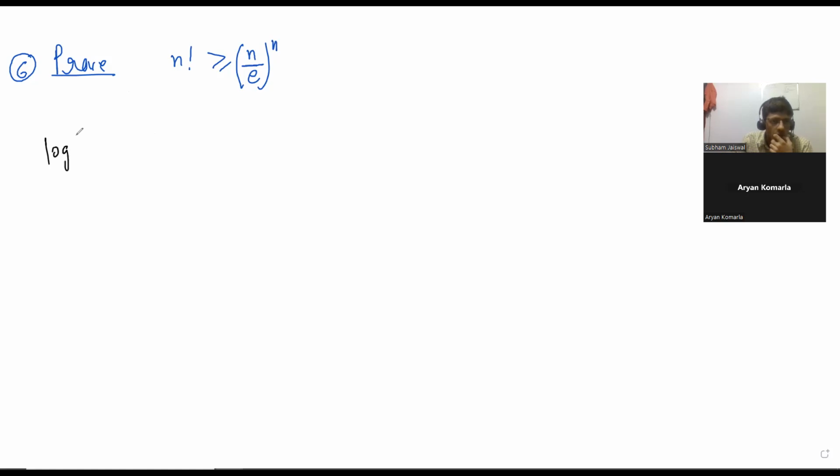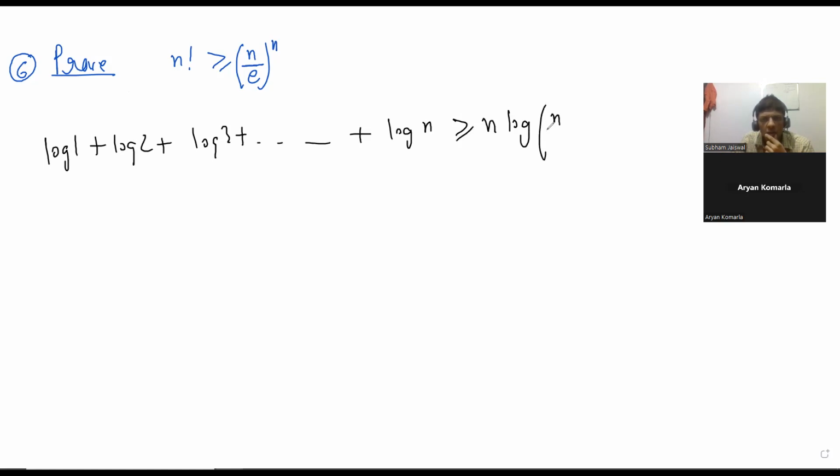If you look at log 1, that's 0, but log 2 plus log 3. So just taking log on both sides. I'm just trying to convert it to a summation, and then I may use some summation technique.